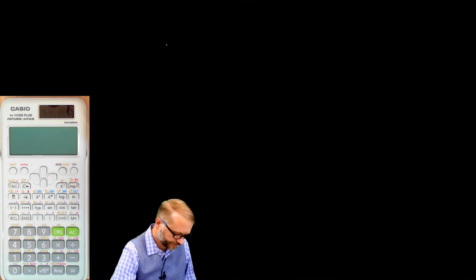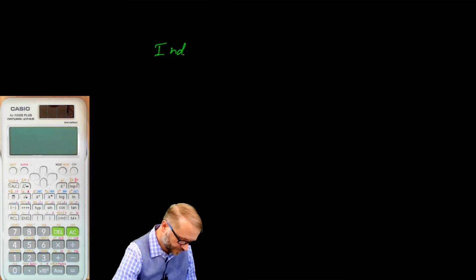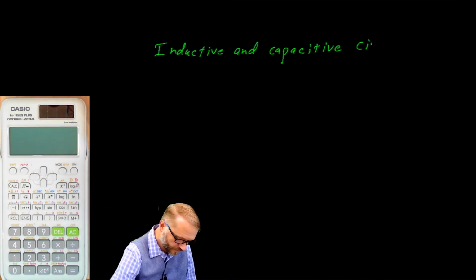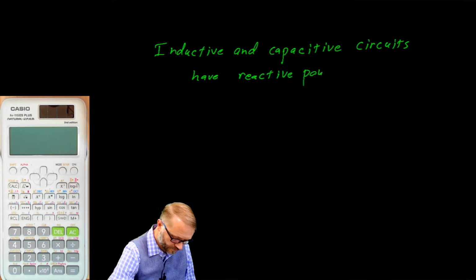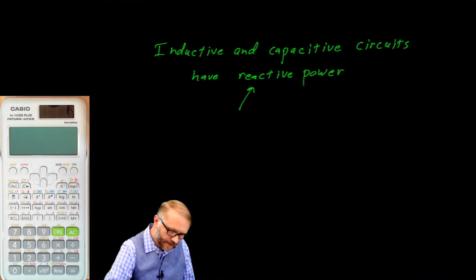Let's put this into words, see if we can make more sense of it. We would say that inductive and capacitive circuits have reactive power. Reactive power does no useful work.